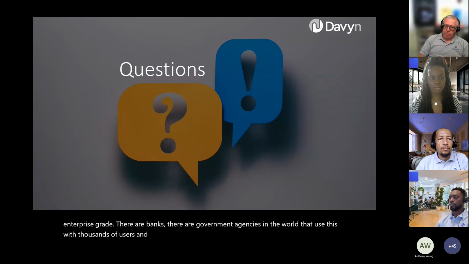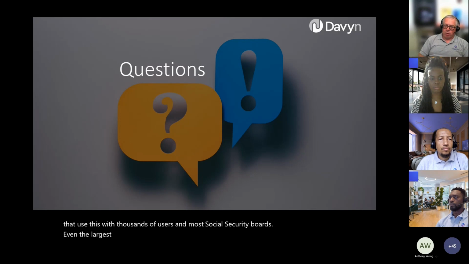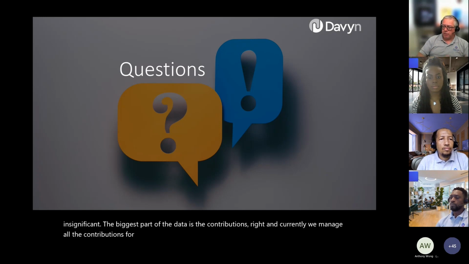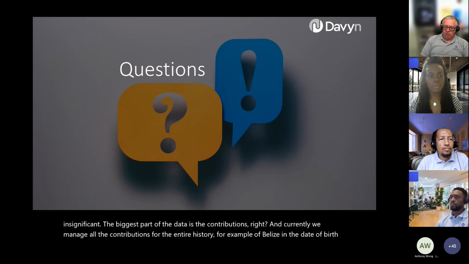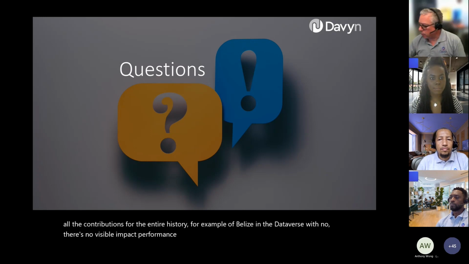And most social security boards, even the largest ones in the Caribbean, may have a few hundred employees. The biggest part of the data is the contributions, and currently we manage all the contributions for the entire history of Belize in the Dataverse with no visible impact to performance.